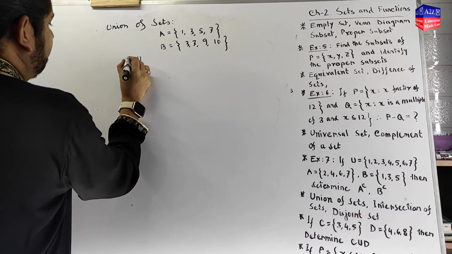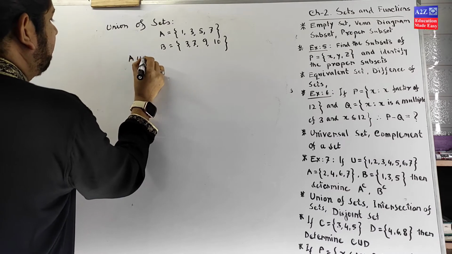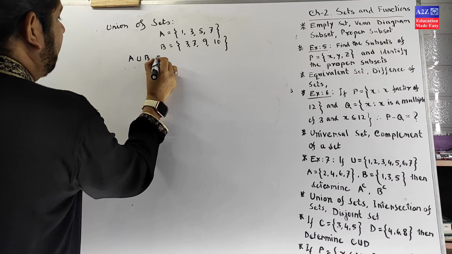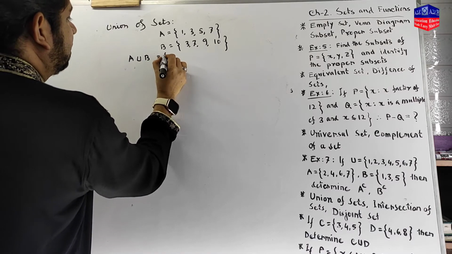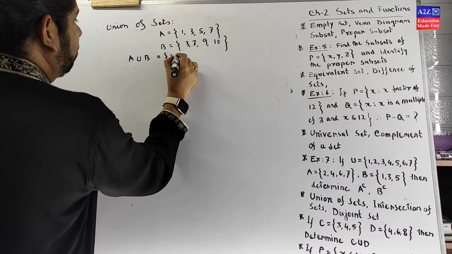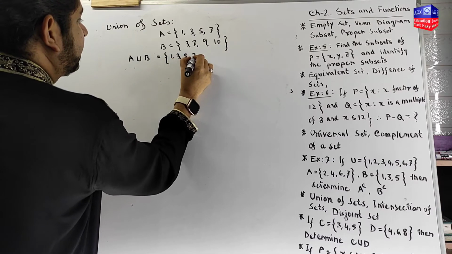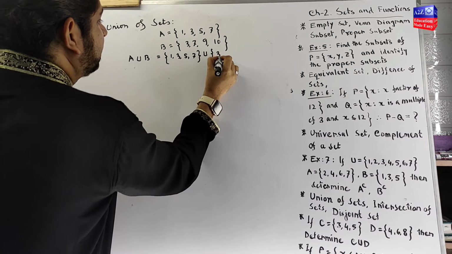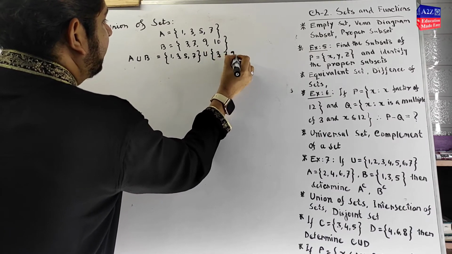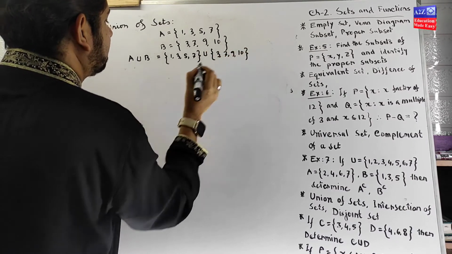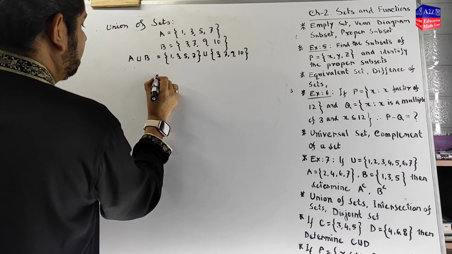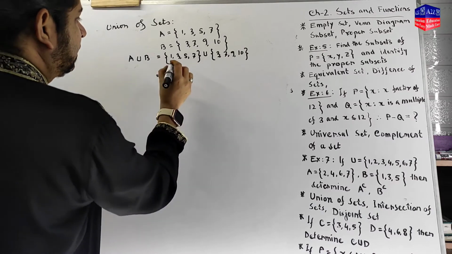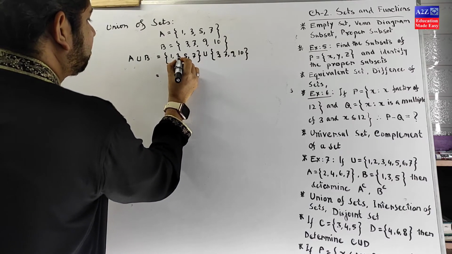So the union of set A and B will be denoted by A union B, and first of all I would like to write down the items 1, 3, 5, 7, then union 3, 7, 9, 10. Okay, at the initial stage I would like to identify the common items.